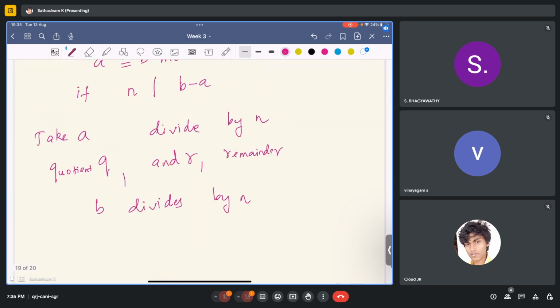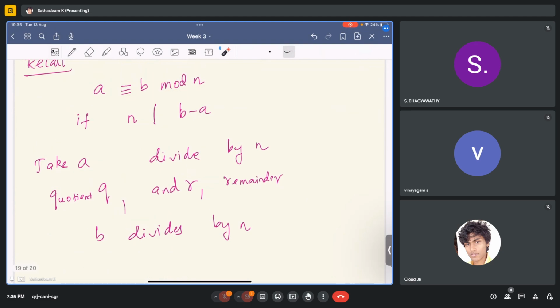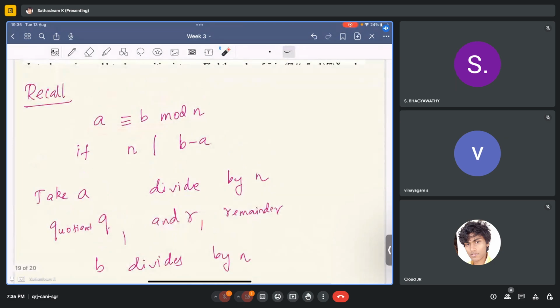We say a is congruent to b mod n if those two remainders are the same. So these two numbers are congruent if after dividing, the remainder for this and the remainder for that are the same.